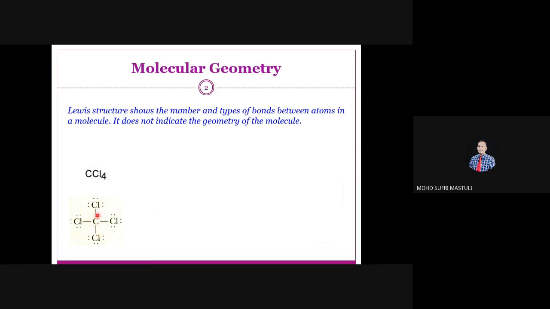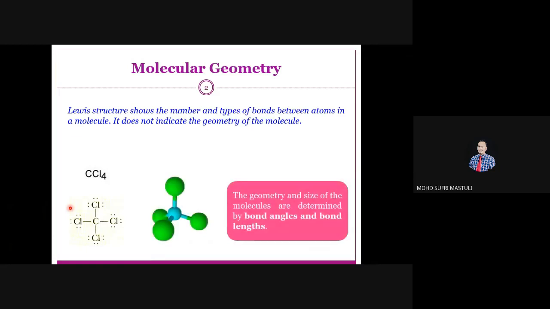It consists of 4 bonding pair of electrons, 1, 2, 3, 4, with 0 lone pair. However, from the Lewis structure, we cannot indicate what is the molecular geometry.